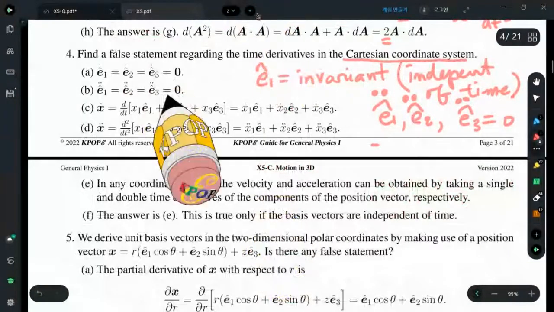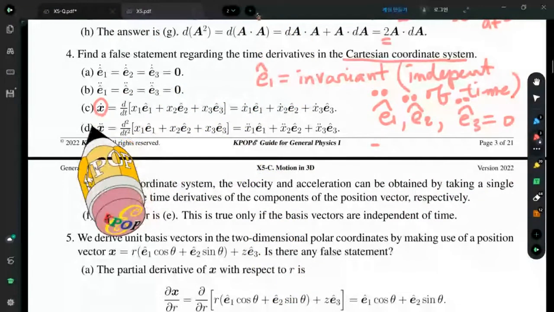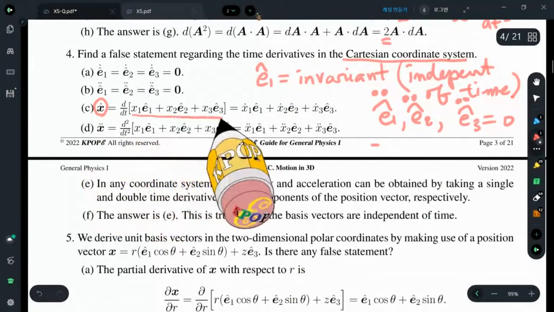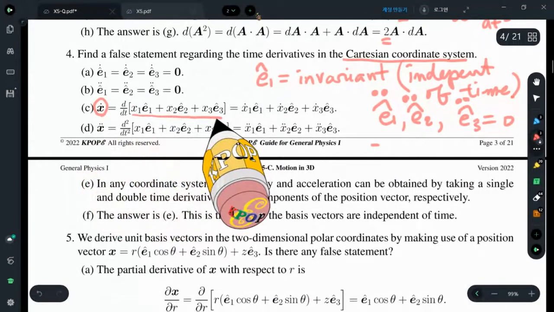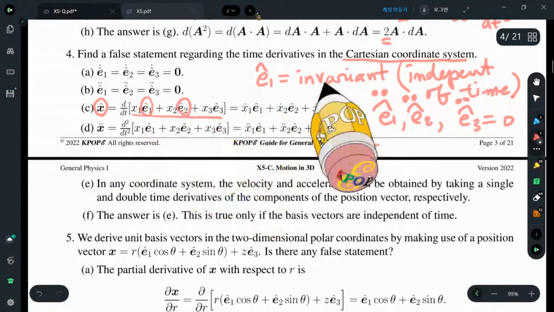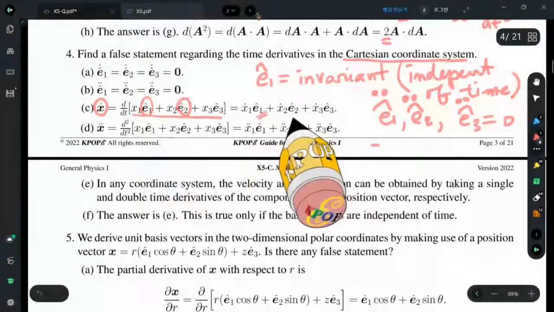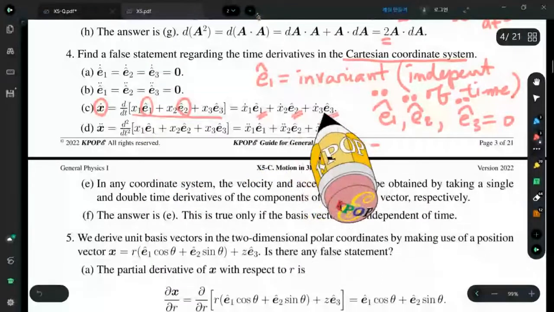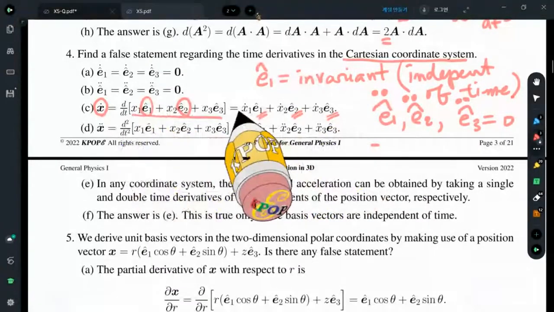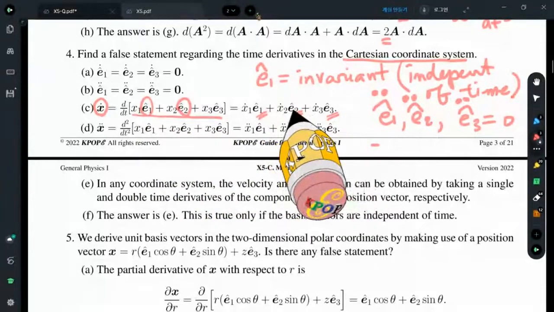So apply these previous results to compute the velocity, and velocity is a sum of these 3 components. The Cartesian unit vectors do not have a time derivative, so they are still here. Only the coefficients x1 dot, x2 dot, and x3 dot appear.